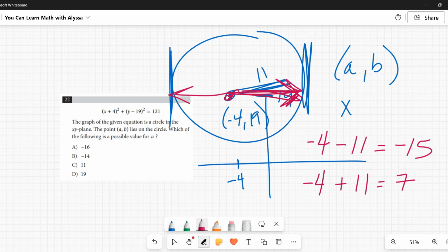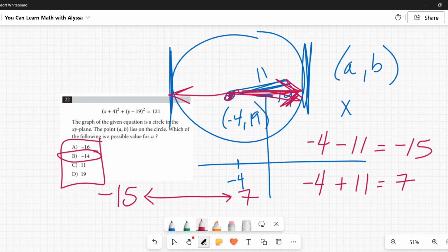So this circle goes from negative 15 all the way to 7, and x values within there would be somewhere on this circle. I'm going to look through my answers for something between negative 15 and 7, and there's only one option. That is B, negative 14. Everything else falls on either side of that.